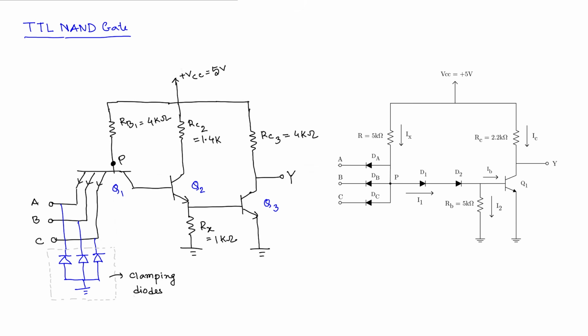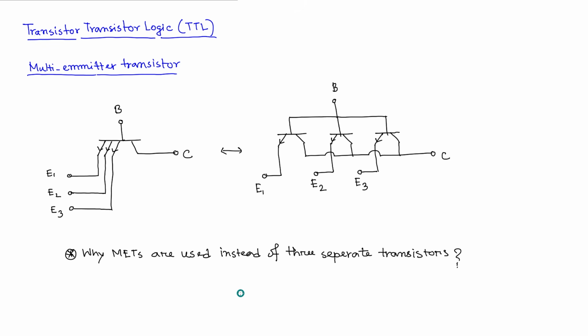Next, if we understand the multimeter transistor, I think I still should cover one thing before we move on. The idea of multimeter transistor is that in any transistor we have one base to emitter path junction. If that becomes forward biased, that means if the base of that transistor is 0.7 volt higher than that emitter, then that particular junction is forward biased and that device becomes active.